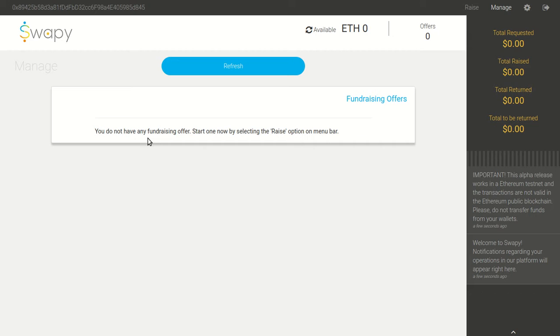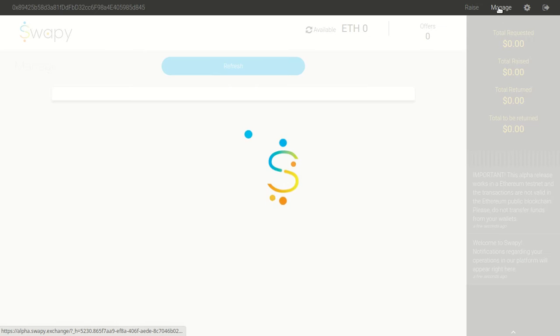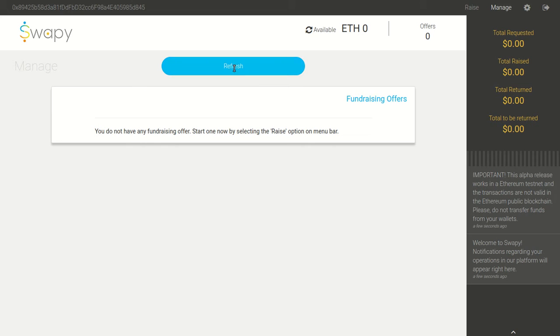You do not have any fundraising offers. Start one now by selecting the raise option on menu bar. Yes, as a credit company, you add a fundraising offer. And you can see them here.